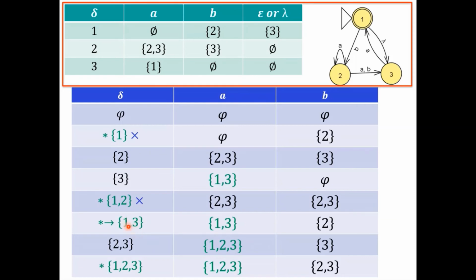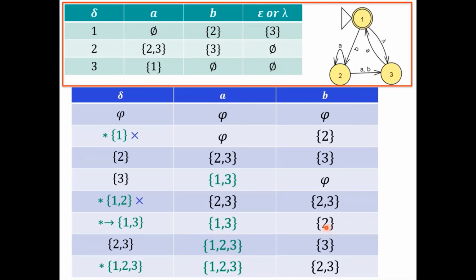Next, for state 1, 3, on input letter A, 1 has a transition towards phi, and 3 has a transition towards 1, and then with lambda concatenation towards 3. So this would result in 1, 3.